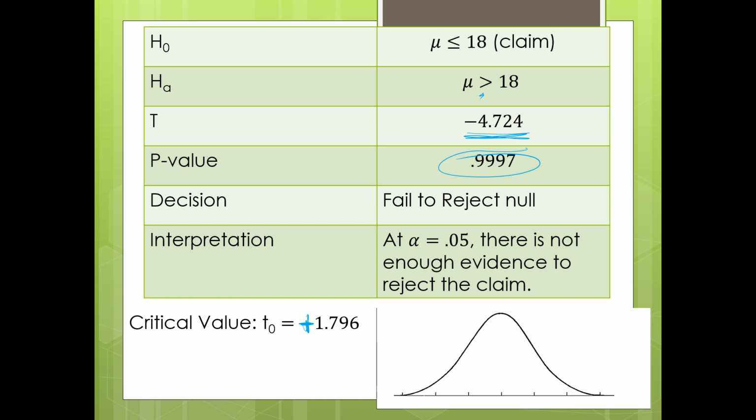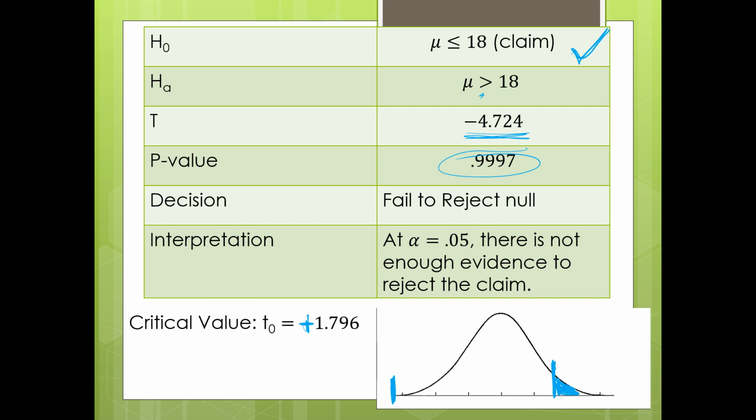So our critical value was positive 1.796, which puts it right around here. And our rejection region would be this region over to the right. And then our t was all the way down over here, definitely not anywhere close to our rejection region, which means our null is looking really good.